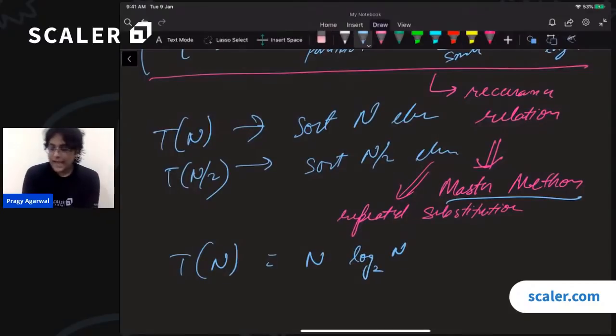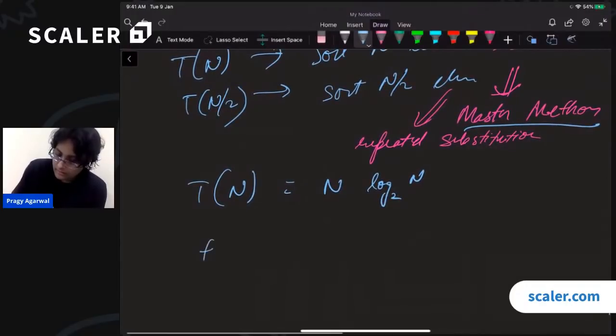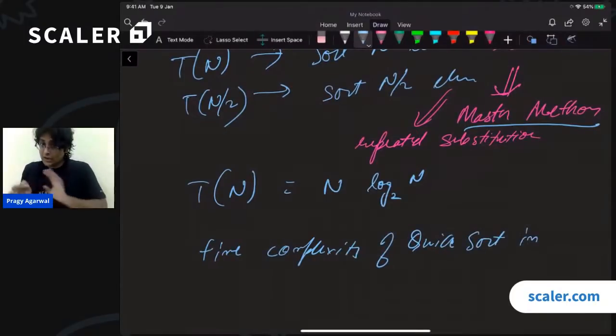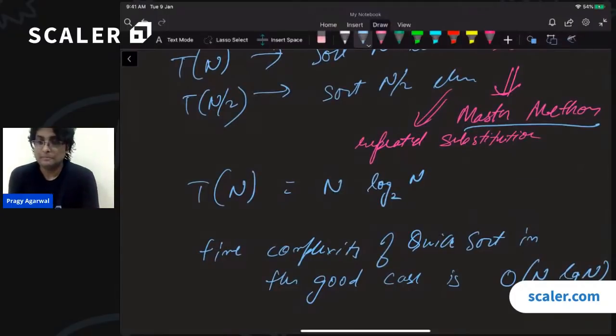That tells us that the time complexity of quicksort in the good case, so remember, this is the good case, where the pivot always divides the array into equal halves, is order of n log n. Is that clear? Cool.